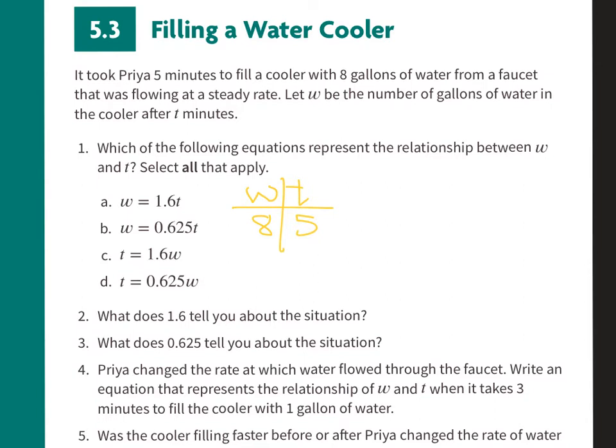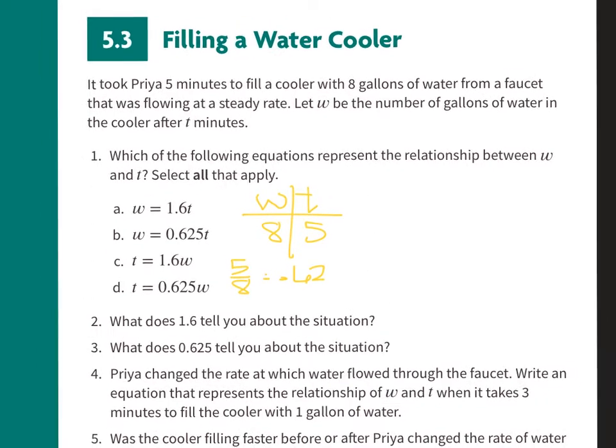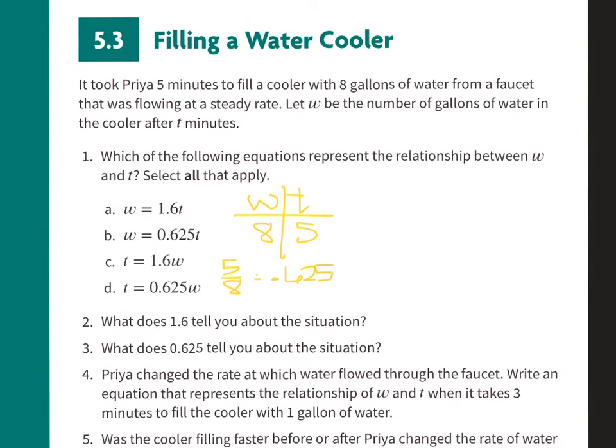So we're going to go 5 divided by 8, second column divided by first column. 5 divided by 8 is 0.625. Now I just said when we write equations, the constant of proportionality goes with your first column. So 0.625W. That's right down here for D, 0.625W. Okay?